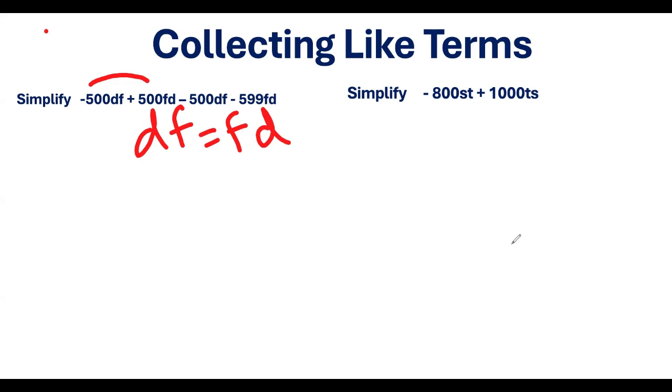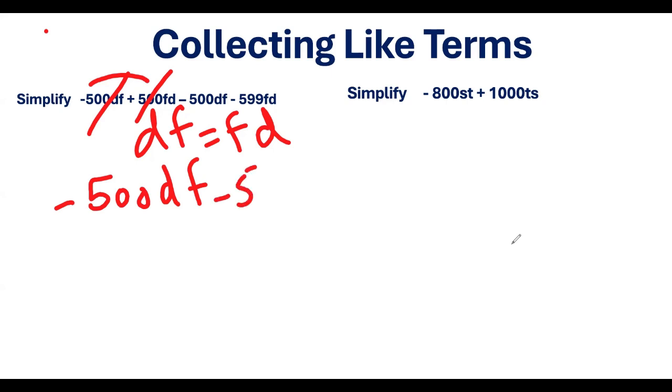Minus 500 DF plus 500 FD, they will be cancelled, right? The terms are cancelled. Now the last two terms we will solve. Minus 500 DF minus 599 FD.